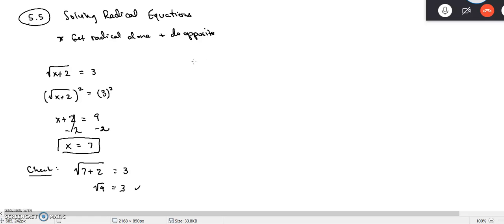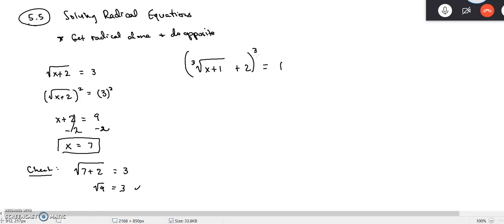Okay, let's say we've got the cube root of x plus 1, plus 2, equals, let's do 1. Okay, so our first step is to get the radical by itself, because if I want to do the opposite, which is cube, but if I try to cube right here, I'm going to have a mess because we can't distribute an exponent.